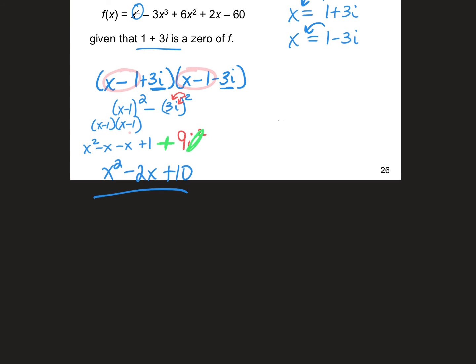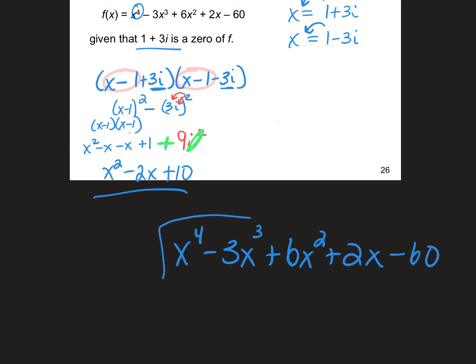So read it to me so I don't write it wrong. X to the fourth minus 3x cubed, right? Plus 6x squared plus 2x minus 60. And we're going to divide it by, what did we just find? X squared minus 2x plus 10.